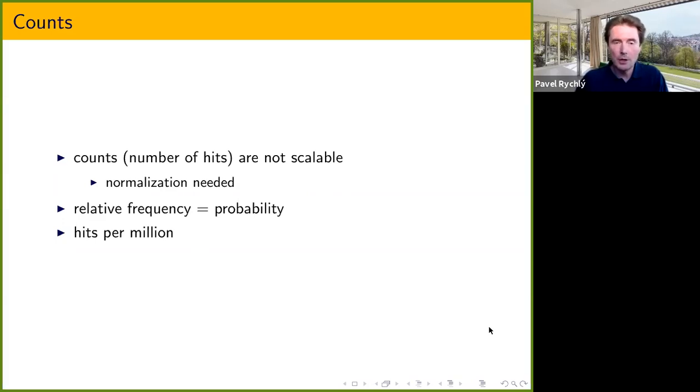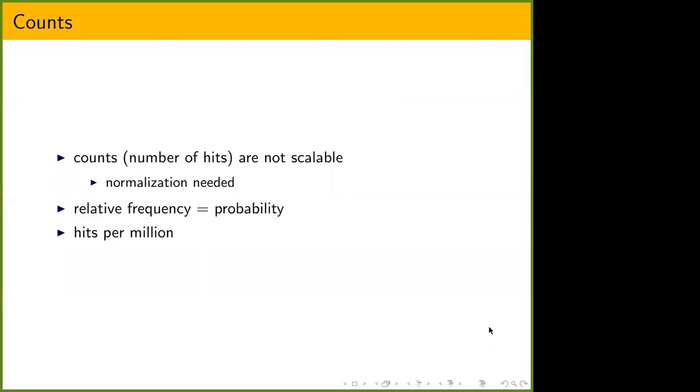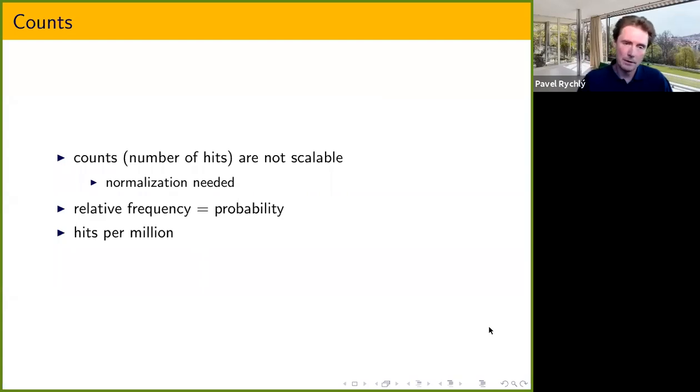So the usual normalization is division by the size of the data. So we have the relative frequency, which is actually the probability of words or other items. There are some good features of being a probability. We know that the numbers are between 0 and 1, and the sum of all the probabilities is 1.